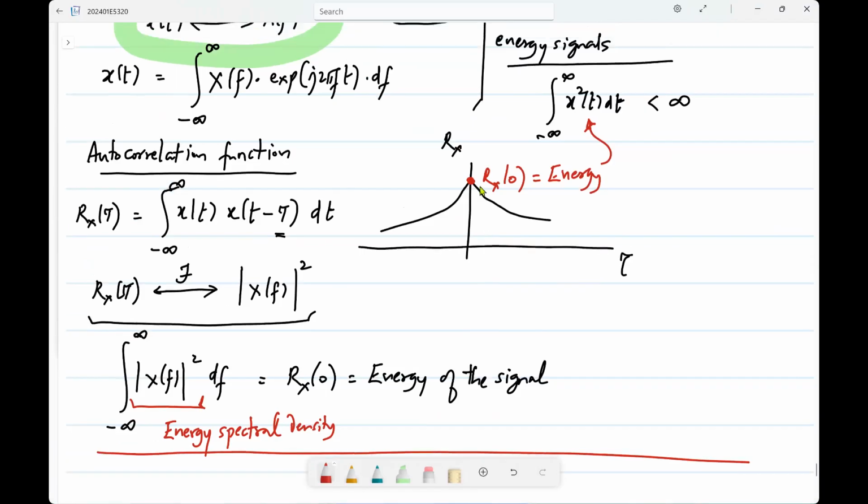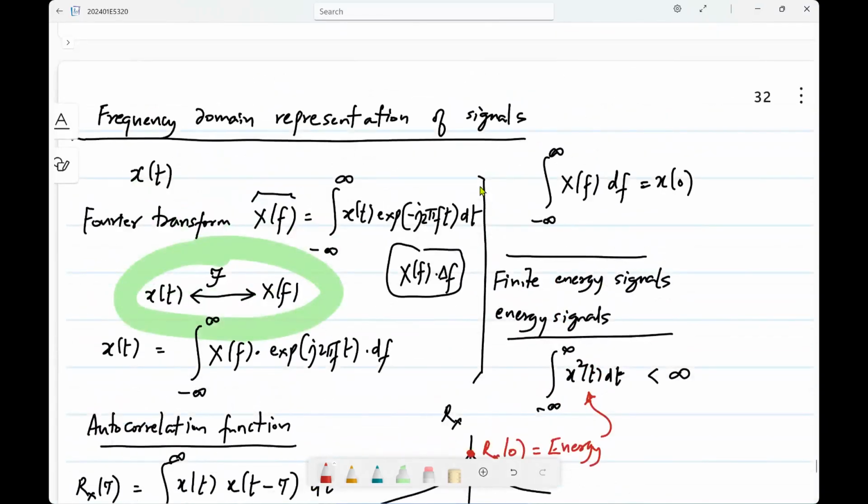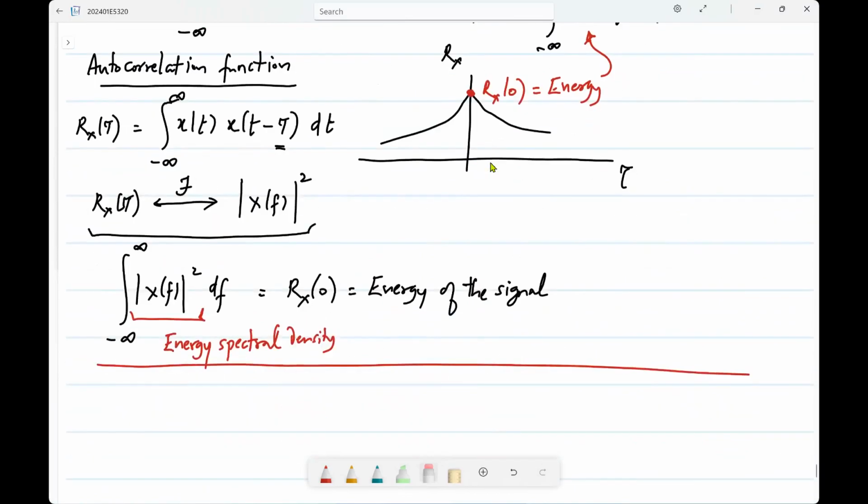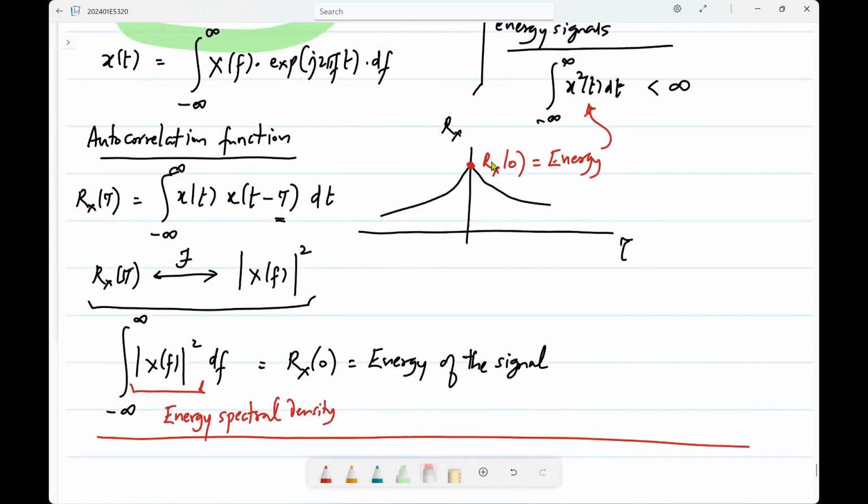By the way, this is a symmetrical relationship, right? With the exception of a minus here and a plus there. So whatever relations hold in going from time to frequency will hold also in the other direction with some minor changes. Basically, the autocorrelation function will be symmetrical.